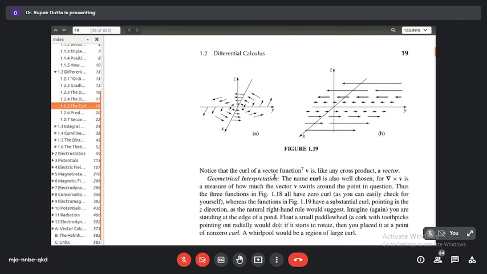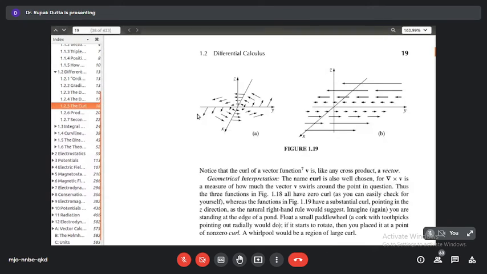I cannot think of anything else. I am not getting any physical example, but it looks like it is also turning around this particular point, but at a very, very large distance.